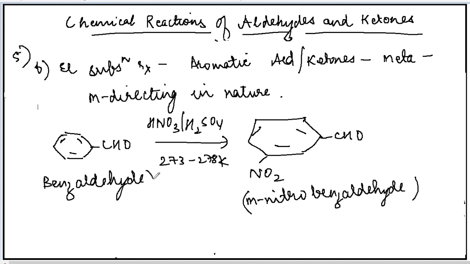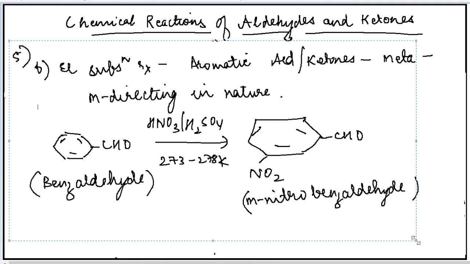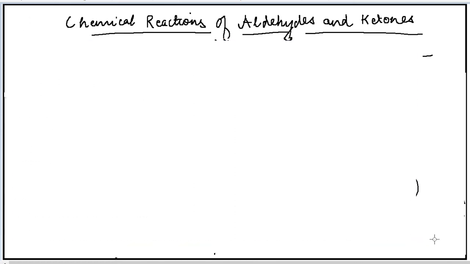So this is the last reaction, that is the electrophilic substitution reaction, which is given only by aromatic aldehydes and ketones. So here we finish all the chemical reactions which are given by aldehydes and ketones. The last topic of aldehydes and ketones is their applications. That is very simple. What are the uses of aldehydes and ketones? First, they are used as industrial solvents.